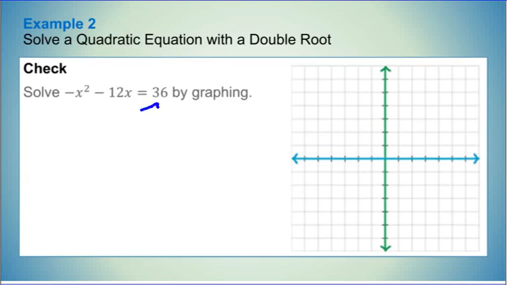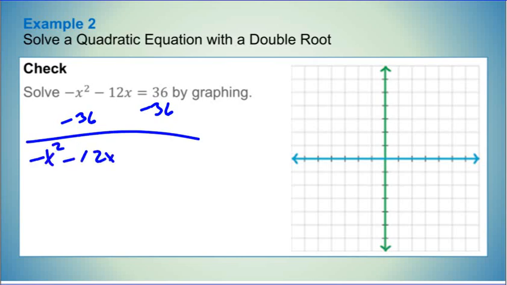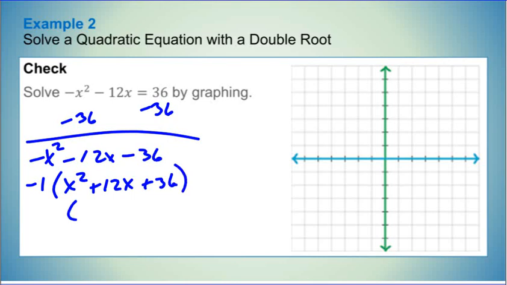So I'm going to subtract 36 on both sides. Here I have -x squared minus 12x minus 36. If I were to factor this one, I could factor out a -1 first, and that would be x squared plus 12x plus 36, and then factor this, which would be x plus 6 times x plus 6, and then I have a -1 on the outside.